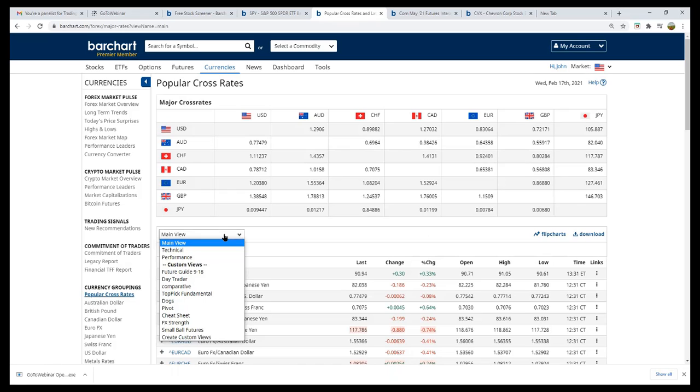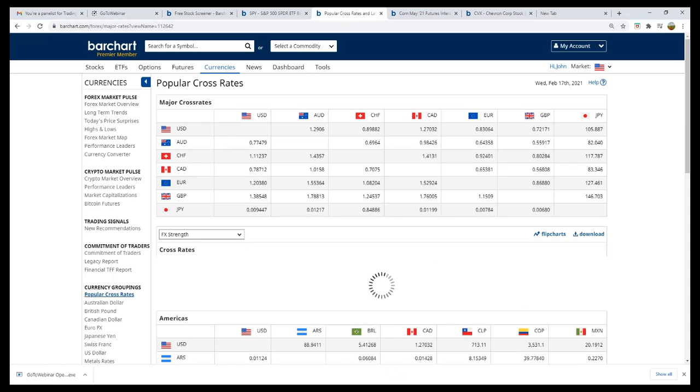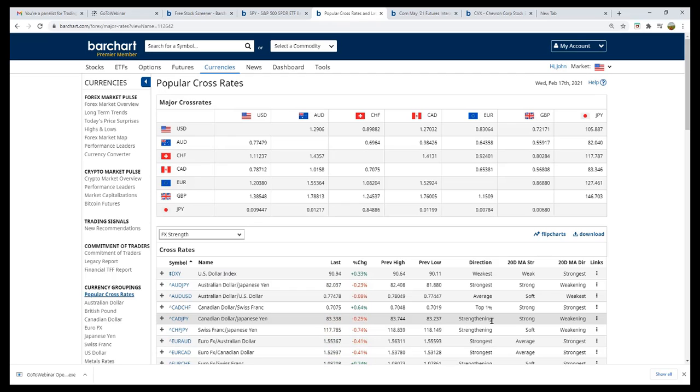But you can also create your own filter, right? And one of the ones I have here is my Forex strength filter, right, in custom filters, where I can use a very specific signal. Here's my 20-day moving average strength, right, to tell me what my signal is. Here's my 20-day moving average direction, right?